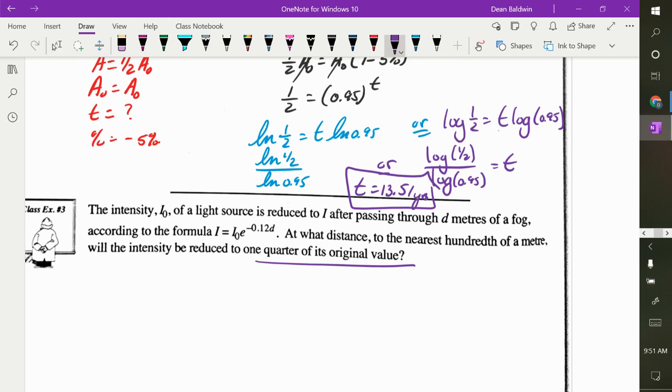What is I naught? That's A naught, right? It's the initial amount. They want to know at what distance, so you're trying to solve for d, will the intensity be reduced to 1/4 of its original value? So if I say 1/4 of its original, what is I? There you go. Then just plug it all into the formula.